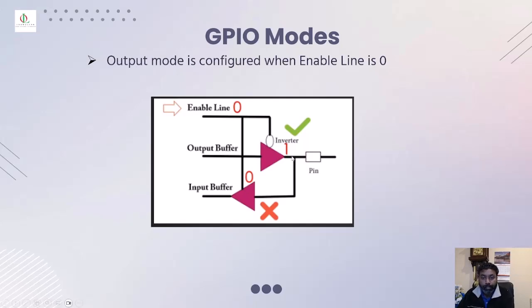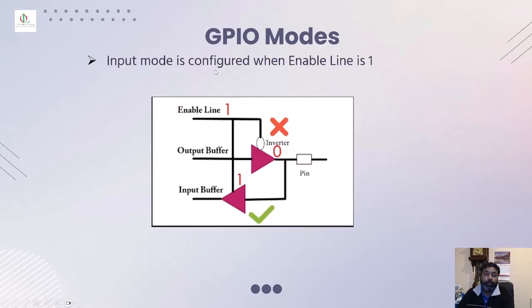And because the 1 is coming out, the input buffer won't be active, because the input buffer is directly connected to the input buffer enable line. So what is the enable line? 0. So the input buffer is 0, and the output buffer has an inverter that inverts 0 to 1. So that's the output mode. That's how it's configured.